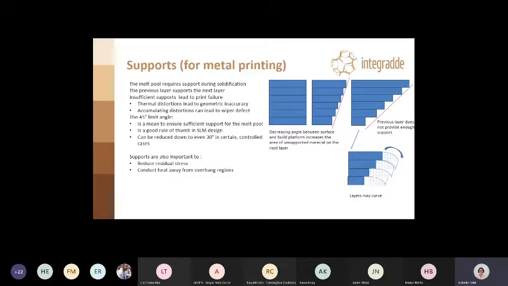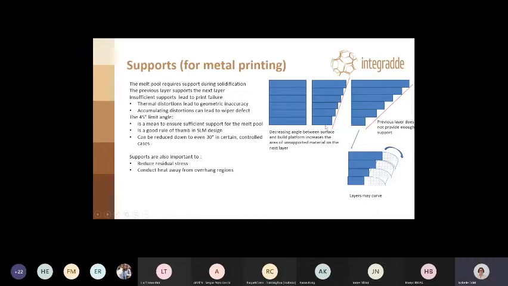Each layer will support the next one, and in case there is insufficient support, it will lead to print failure. Insufficient supports should be avoided in order to minimize thermal distortions, for example, that can lead to geometric inaccuracy, and accumulation of distortion can lead to wiper effects.